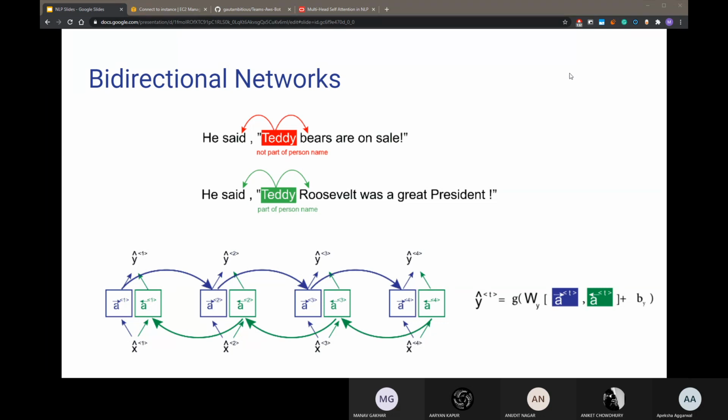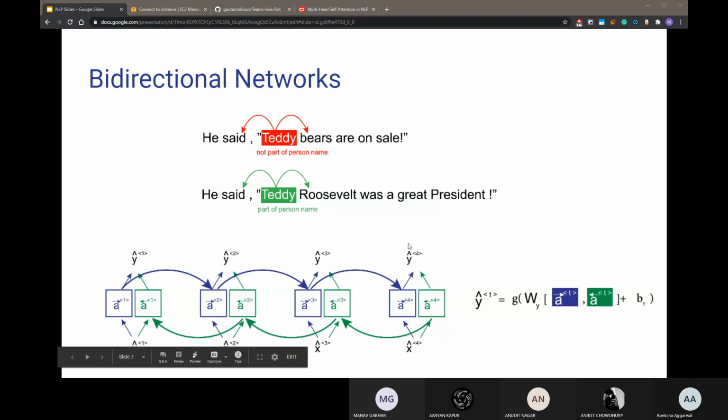The first sentence is: hi, he said, teddy bears are on sale, and in the next one, instead of bears, it's Roosevelt. Roosevelt was an American president. So here, to differentiate between the two different meanings of the word teddy, we would need to look at the subsequent word, and this is the reason why we apply bidirectional networks. That is, it goes both sides.